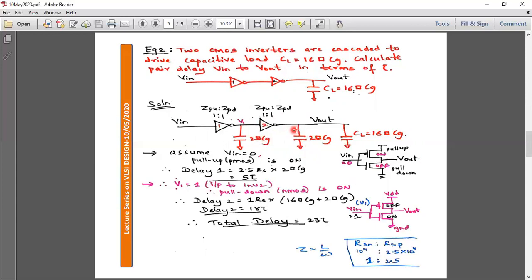Along with these parasitic capacitances, we have a load capacitance connected at the second inverter output node, that is 16 Cg. Again, let me assume Vin equals 0. If Vin is 0, then my pull-up section will turn on and pull-down is off. Pull-up is a PMOS here.